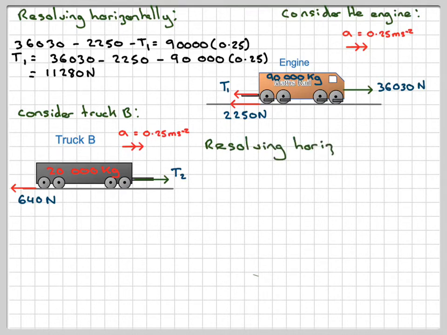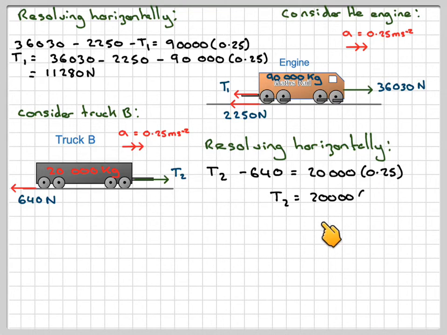Resolving horizontally, T2 minus 640 is equal to the mass, 20,000, times the acceleration, 0.25. Therefore T2 will be 20,000 times 0.25 plus 640, and working that out on my calculator, you get 5,640 newtons.